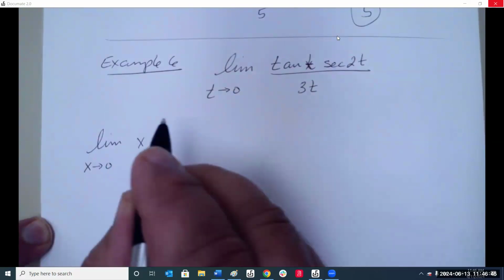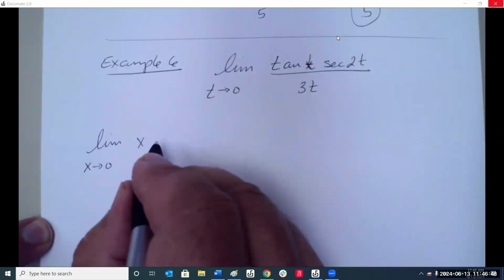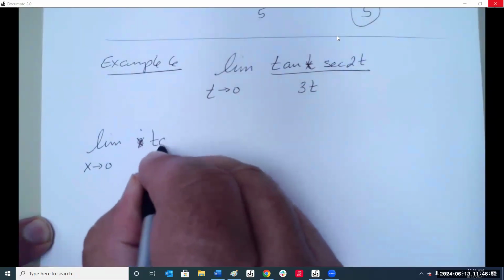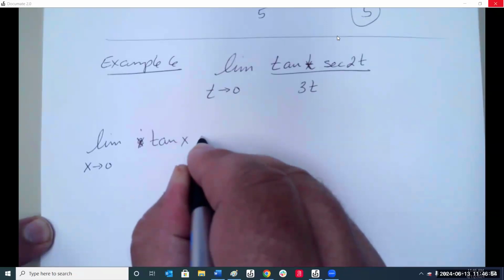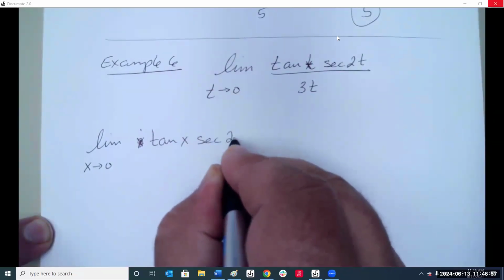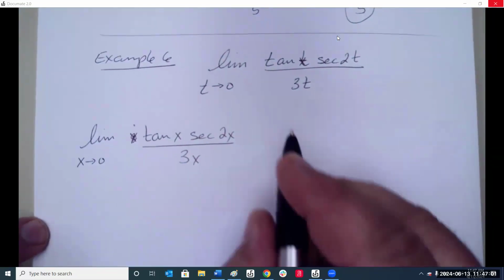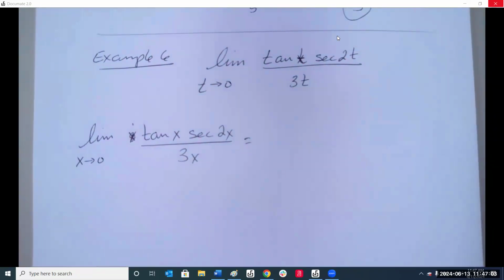So I have tangent x secant 2x over 3x. What's the first thing I have to do? Convert to what? Well, yeah, break everything down to sine and cosine. Always take it down to its lowest form.